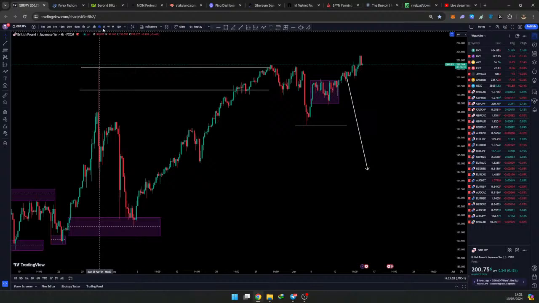For GJ, let's probably just go up to the daily time frame. I was expecting GJ to be bearish during the course of this week, and GJ royally shanked me. All the same, we move.